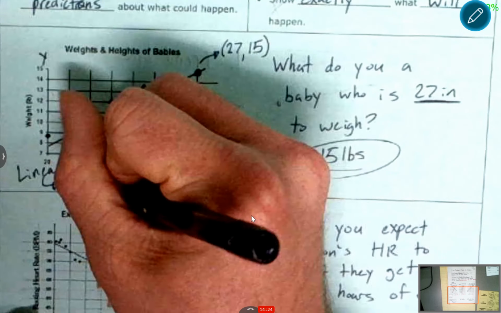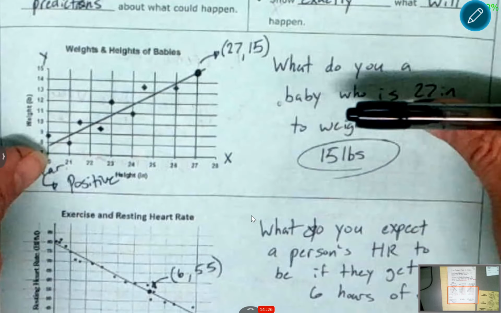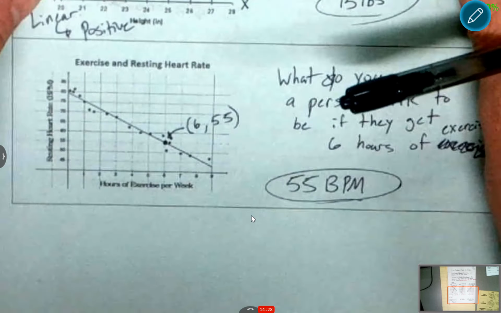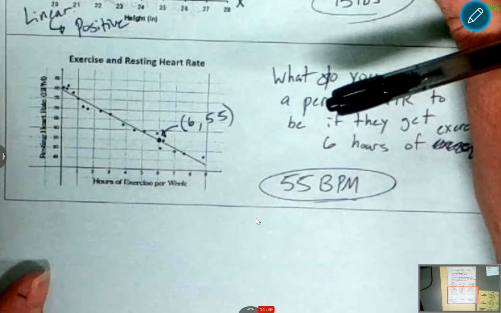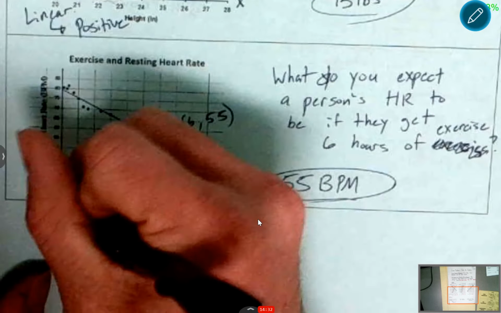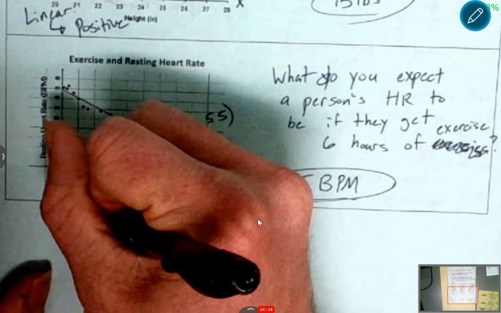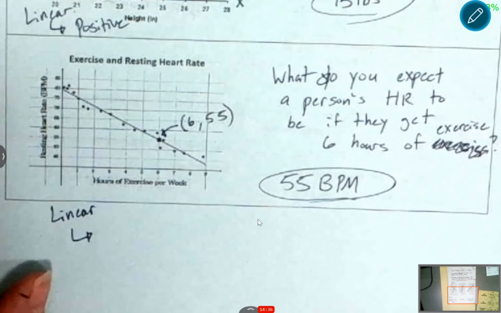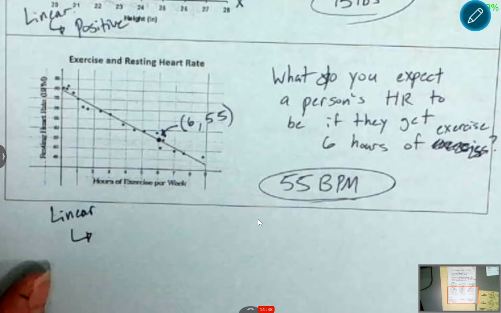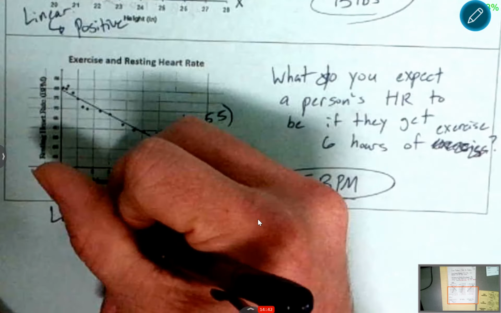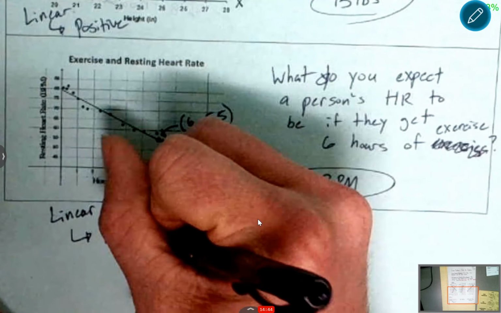It is positive. Let's take a look at this one. Hopefully you can tell. It is linear. And then now, is that a positive or negative correlation? It is negative.